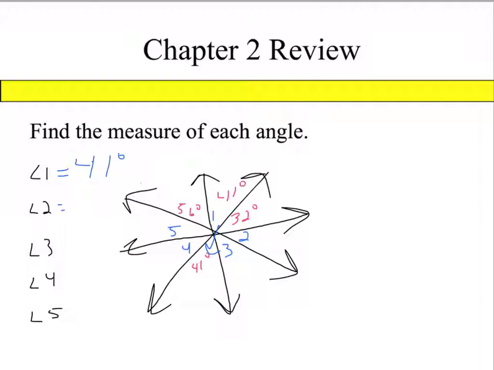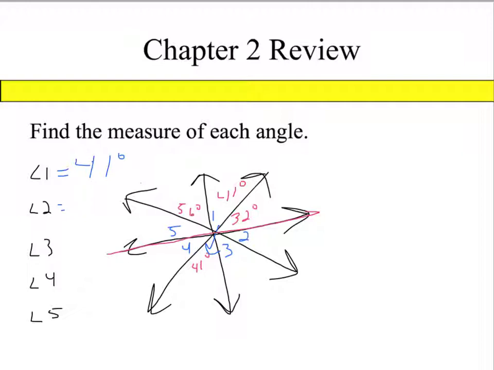Now I'm not sure what angle 5 is right now. I don't have the information down on my slide here, so I have to figure that out. How do you figure it out? Well, notice again, we have a 180 degree angle, a straight angle right there. So if I look at my 32 degree angle, my 41 degree angle, 56, and angle 5, if I add up all of those measures, it will equal 180.